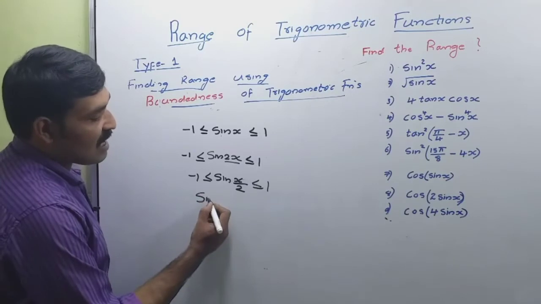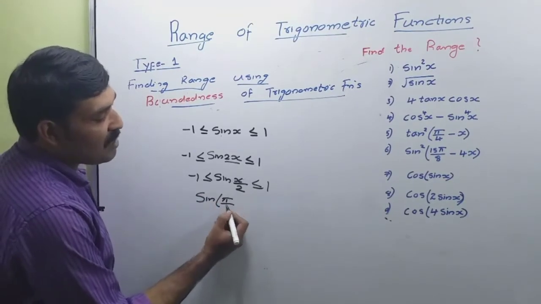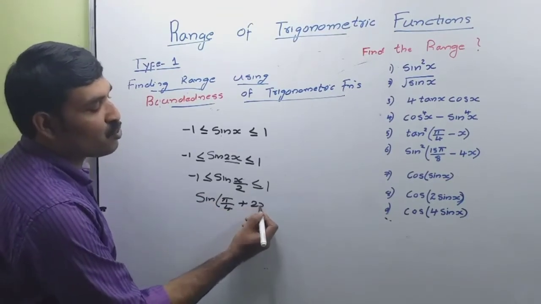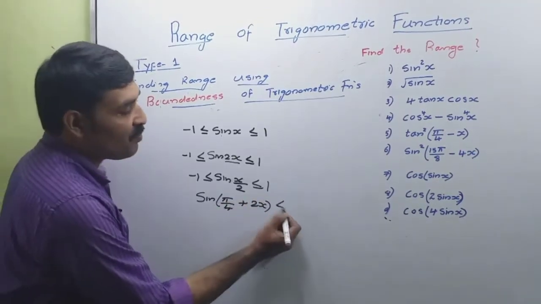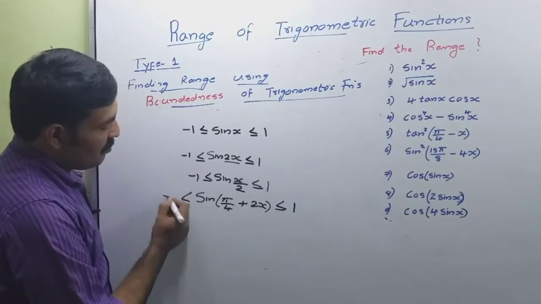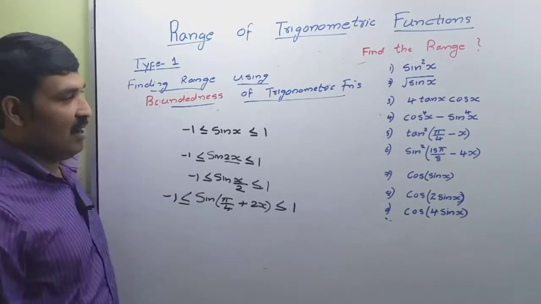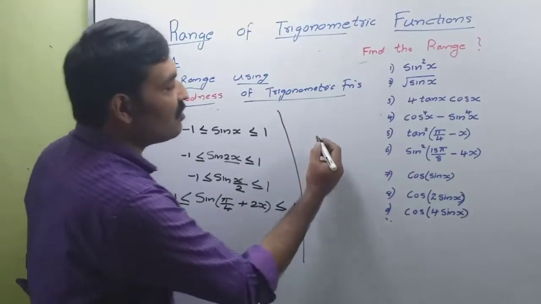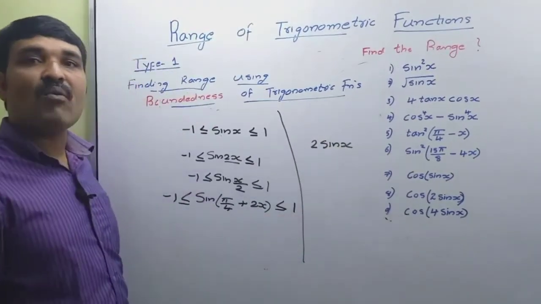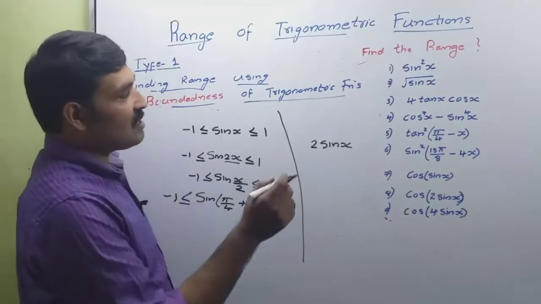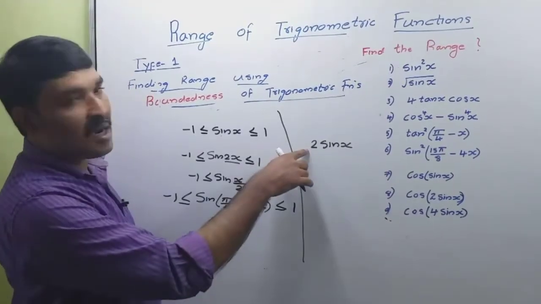For example, sine of (pi by 4 plus 2x). Then also the range is the same, that is from minus 1 to 1. Suppose our function is 2 sin x. Then what is the value of its range? Here sin x is multiplied by 2.